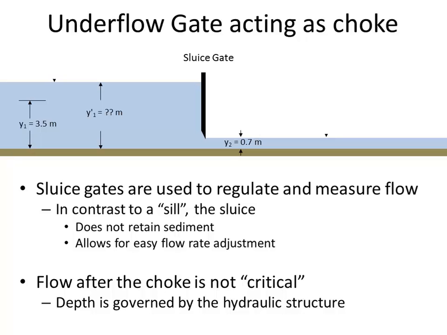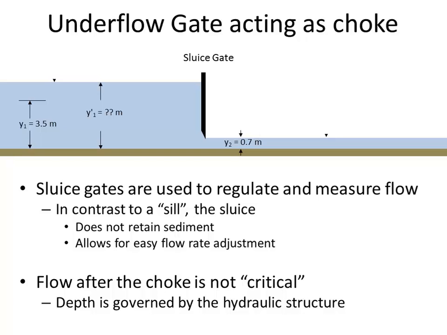The flow is subcritical as long as the gate doesn't go below the imaginary line of the critical depth. But as soon as the gate is lowered below the critical depth, the water has to come out where the gate ends, forcing the downstream depth to equal the gate opening height. So it's really just because of the gate itself.